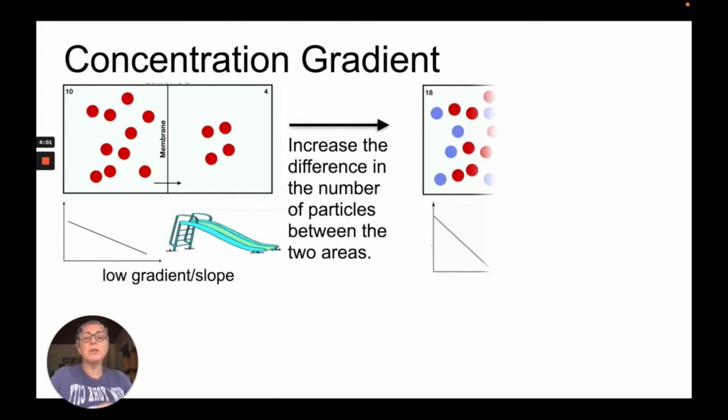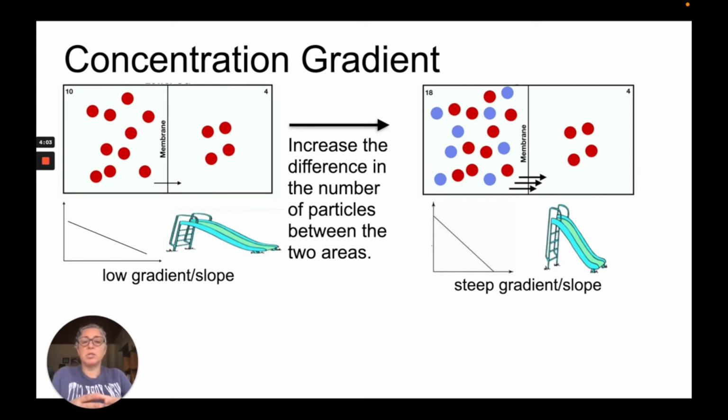We can compare this to another situation where we increase the difference in the number of particles between the 2 areas. Now we have 18 on one side and still the remaining 4 on the other. What this does is create a very steep gradient. If we compare this now to the slide, the child sliding down is going to be moving much faster because the slope of the line, or the slope on the graph, or the steepness of the gradient, all of those things mean the same, is so much more.